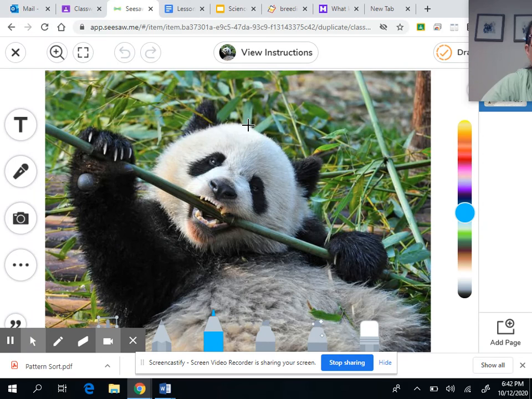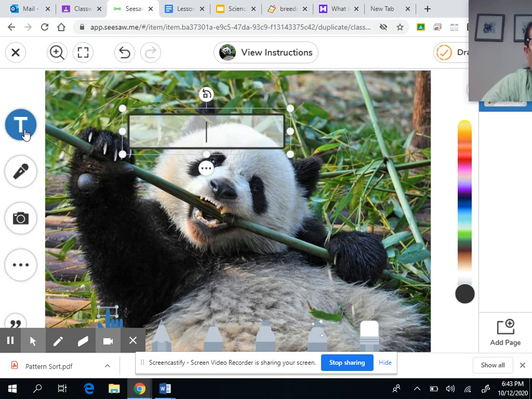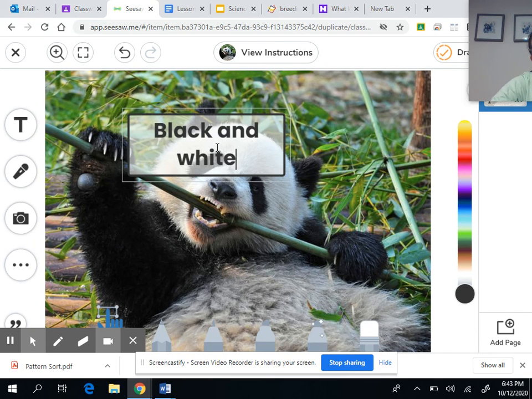And the directions told me to click on the T to write 5 traits that this panda has. So I'm going to click on the T because I see, oh, this thing means I can type. So I'm looking at this panda. I'm just going to say black and white fur.